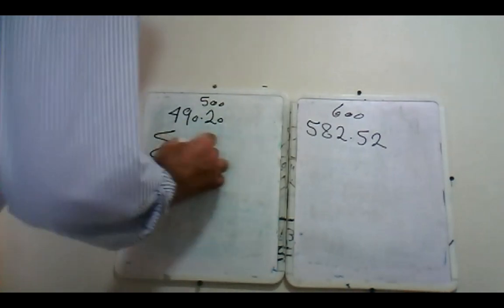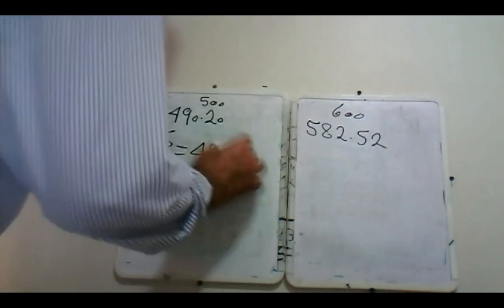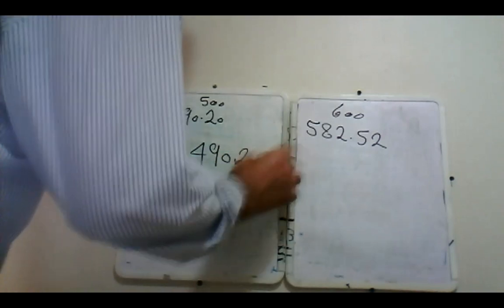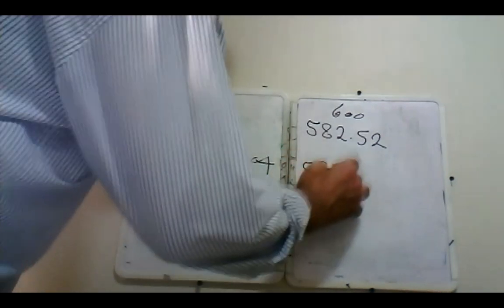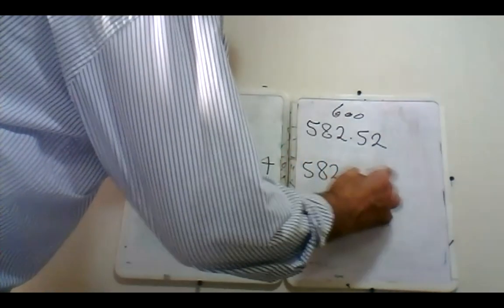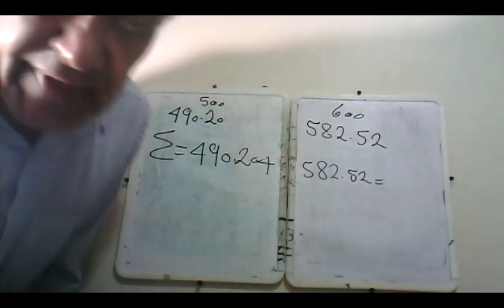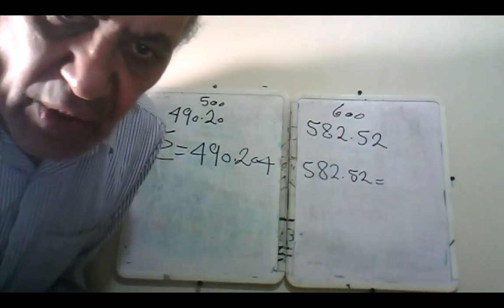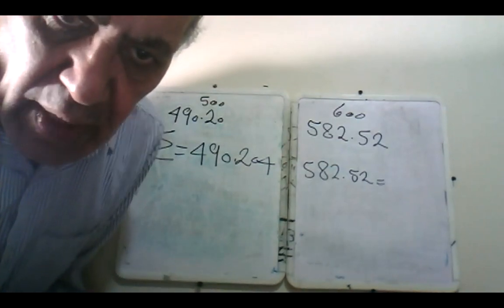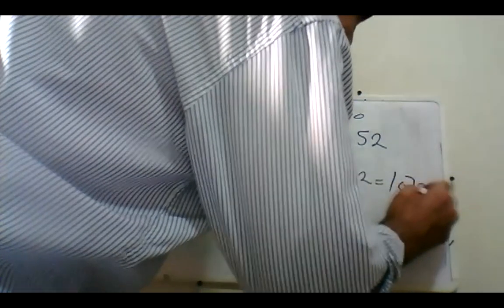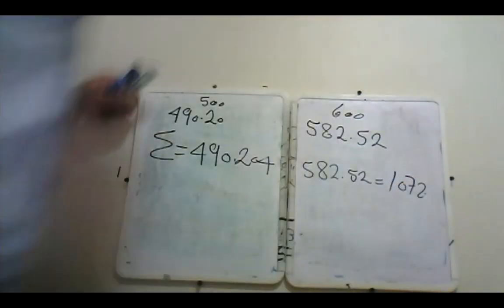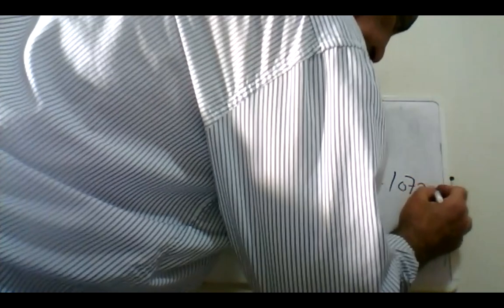So this will come to 490.20 plus 582.52, and this will come to the total of, like you have in the example on this slide, 1072.72 cents.